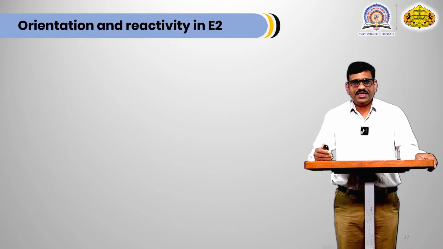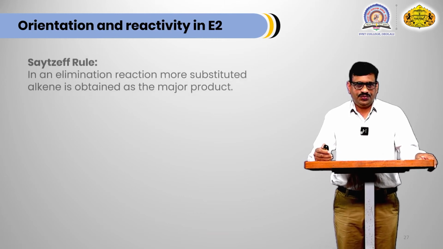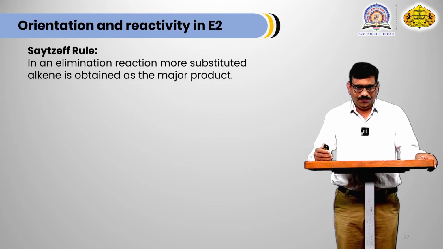Now, orientation and reactivity in E2. Saytzeff rule: in an elimination reaction, the more substituted alkene is obtained as the major product. When an alkyl halide contains only one type of beta hydrogen atom, in that case only one product is possible.